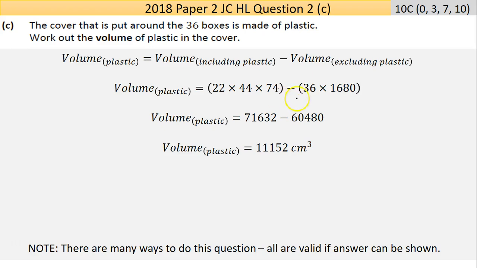Take away, now, we originally worked out that one box was 1680 centimeters cubed. There are 36 of them, so it's 36 times that. You end up with 2 figures. Now, you'd expect one to be bigger than the other, so you take them away, you get a positive number. I do the subtraction, and I got 11,152 centimeters cubed. And that's what the plastic is.